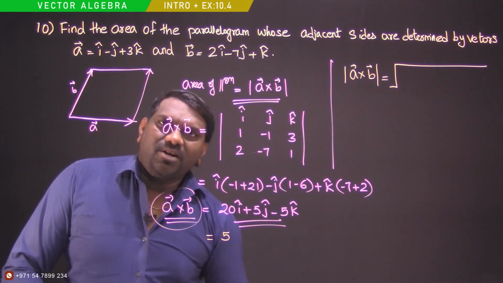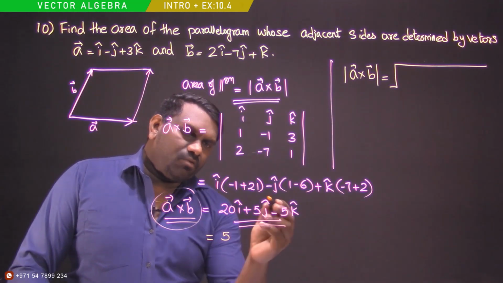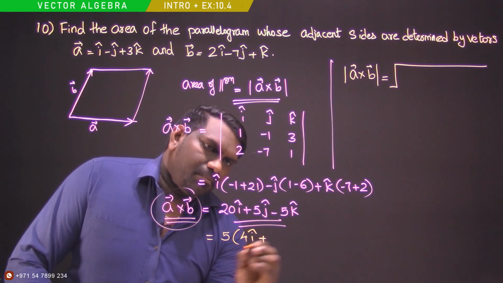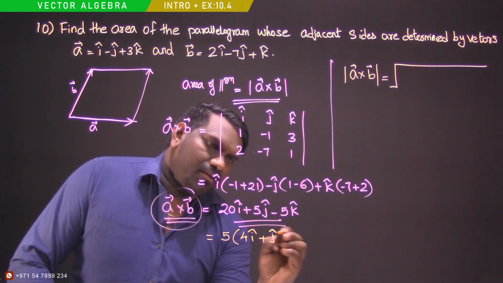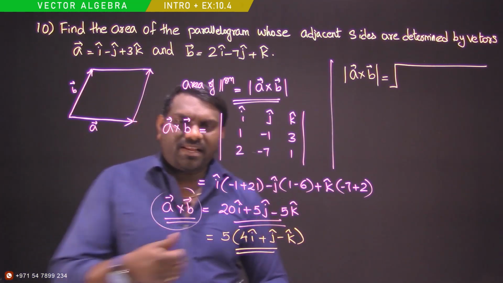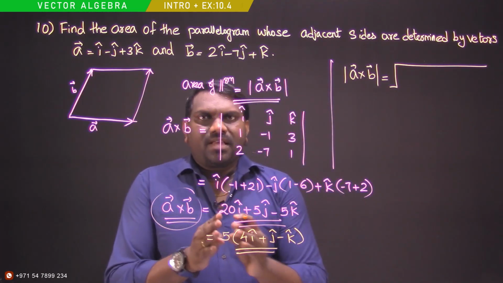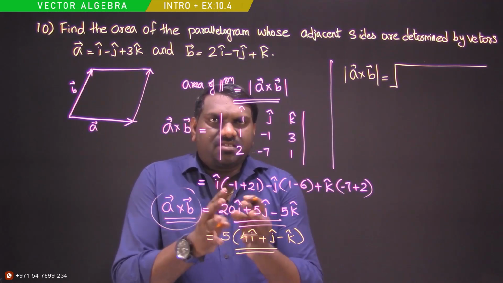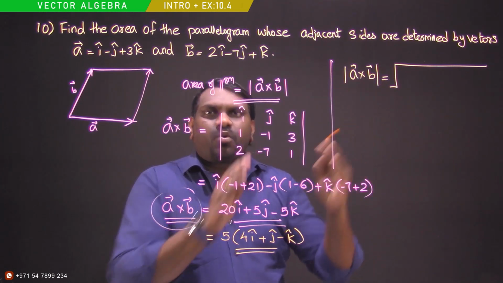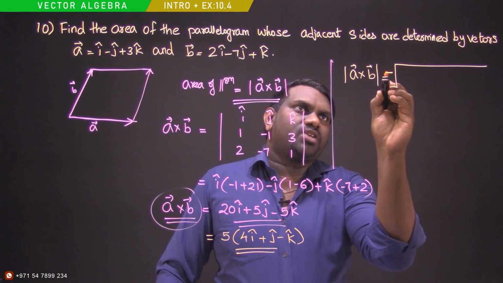You can take out this 5 and then write 4i plus j minus k, can't you write like this? You can just keep this as a lambda, it's a constant. Even if you put it inside the root and square it, it will come out. So 5 will be outside.